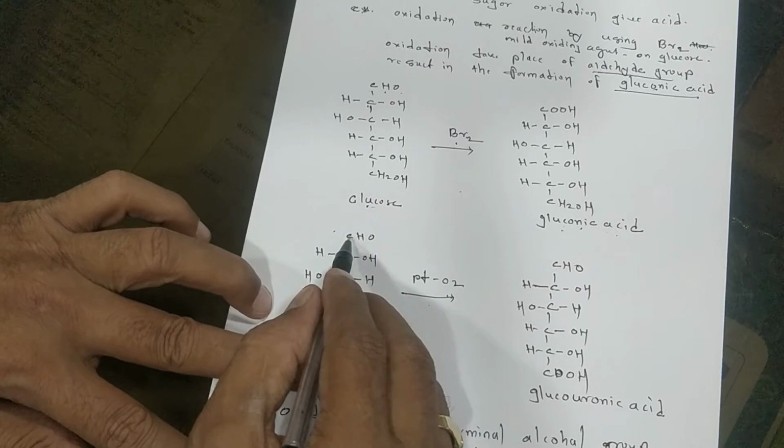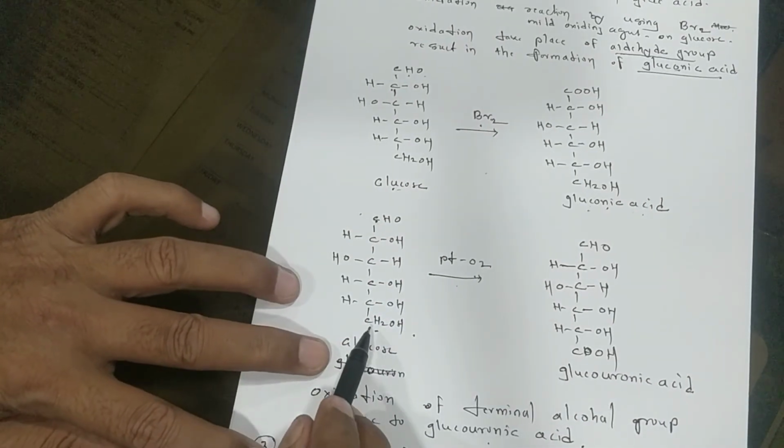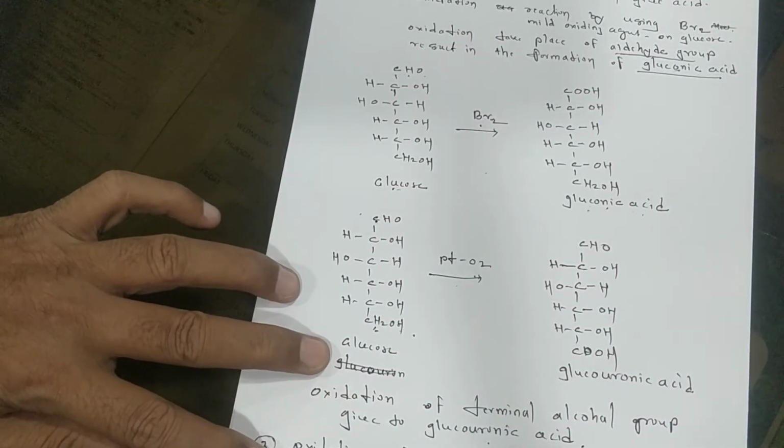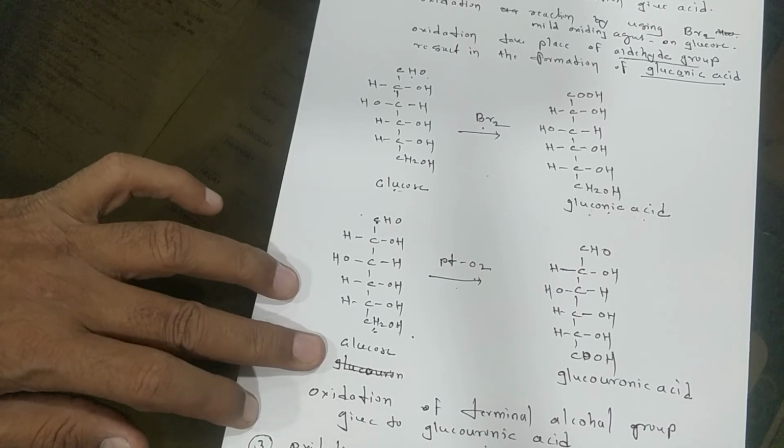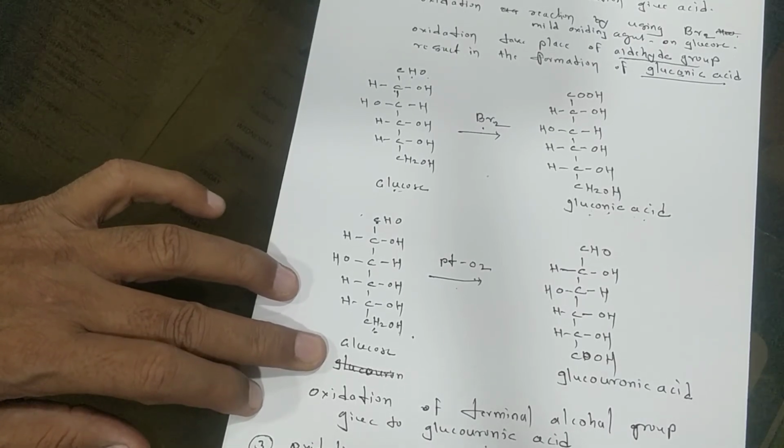The aldehyde group is this C and the alcohol is CH2OH; in the third, changes take place in both groups.